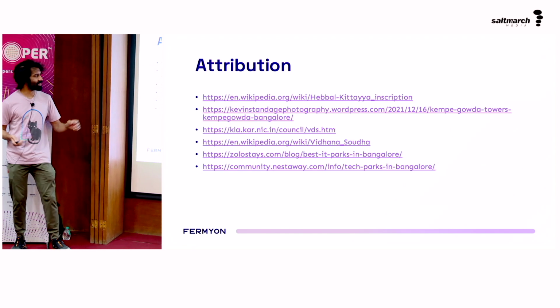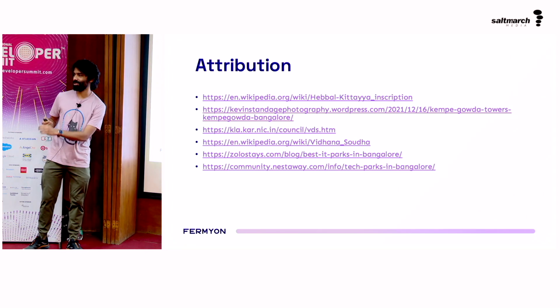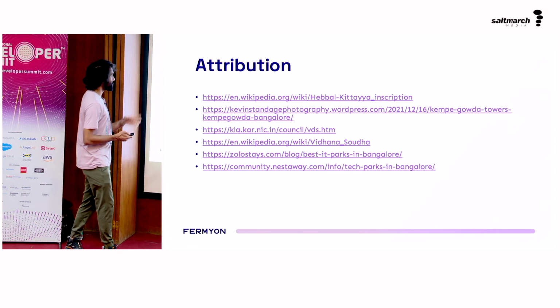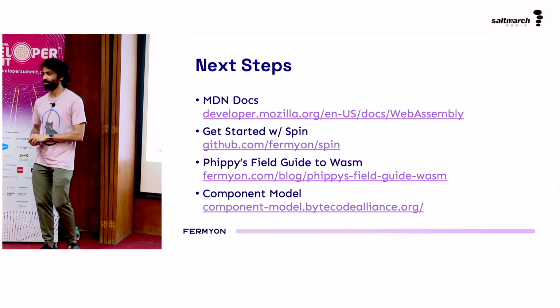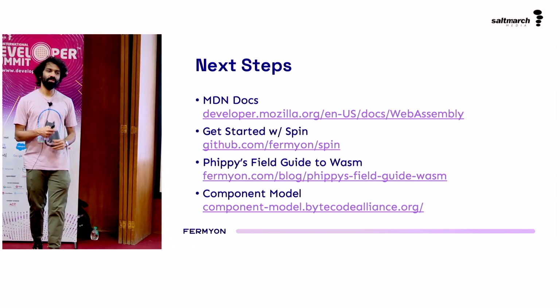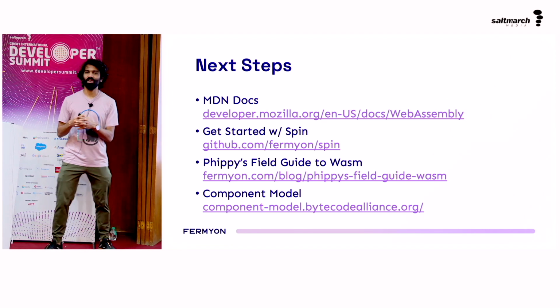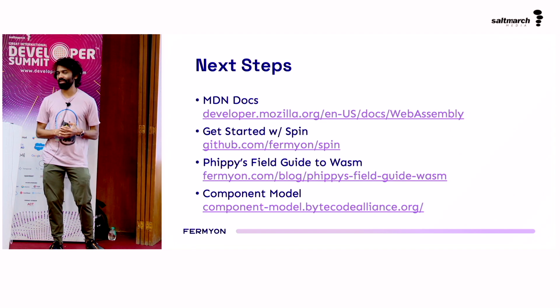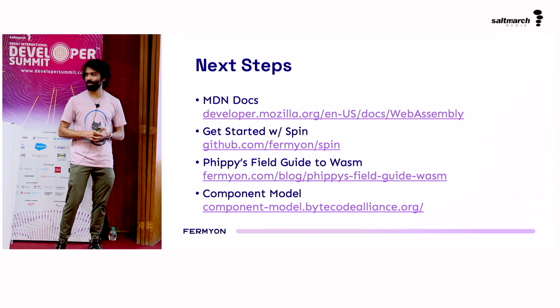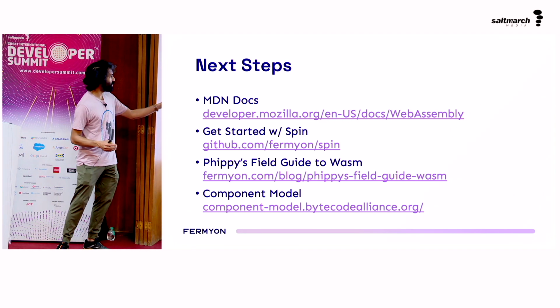Very quickly, this is just some attribution for the images I used today. For next steps, here are some things you can take down, and if you want to take a photo, some links might be useful. If you're interested in the nitty-gritty of how WebAssembly works, Mozilla's MDN docs are an excellent resource where they explain some of the things I spoke about. If you want to write code, check out Spin.